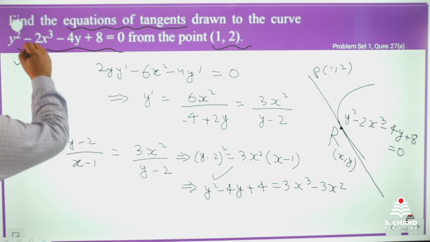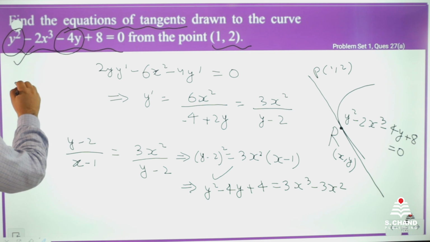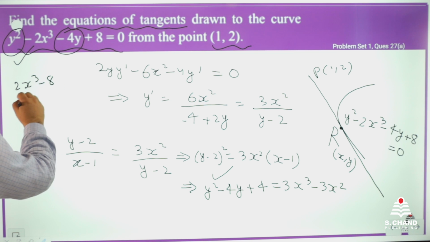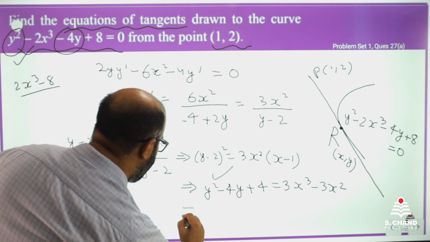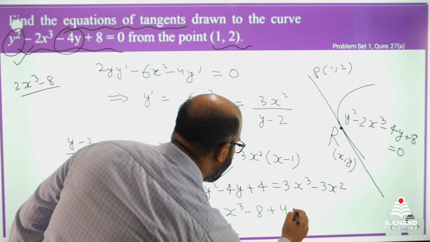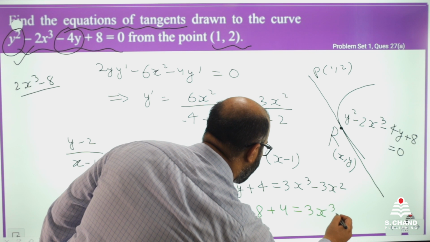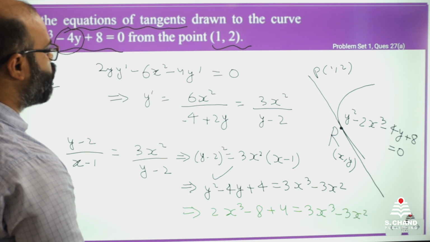So we can write y square minus 4y as 2x cube minus 8. So this will become 2x cube minus 8 plus 4 is equal to 3x cube minus 3x square. Now this will give you x cube.